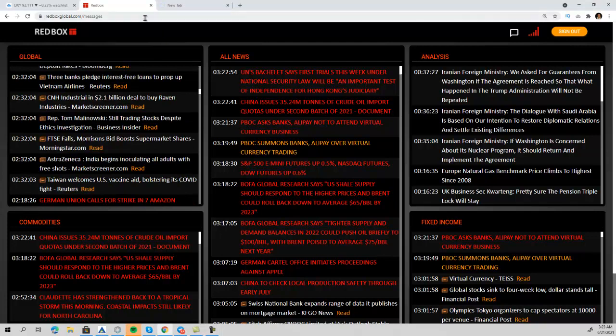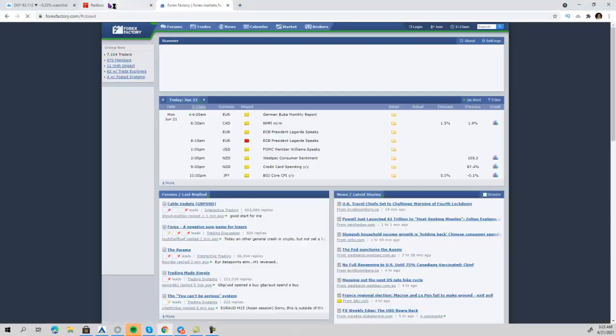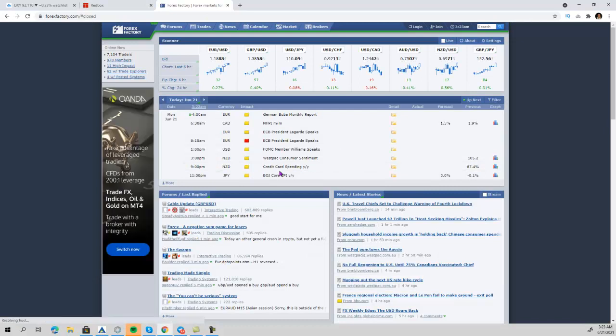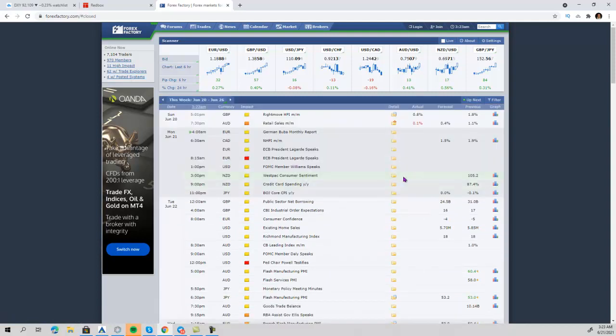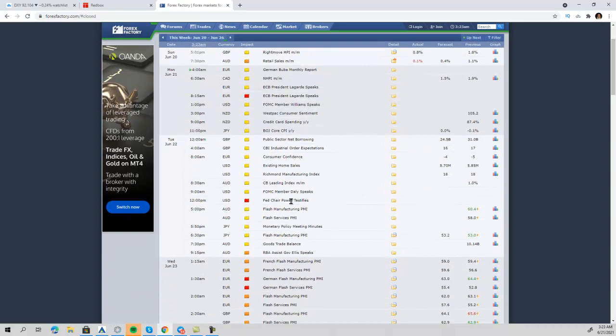Let's have a look at the Forex Factory calendar, if it loads. Today there isn't any news from the US side or the European side, but let's have a look at the entire week.